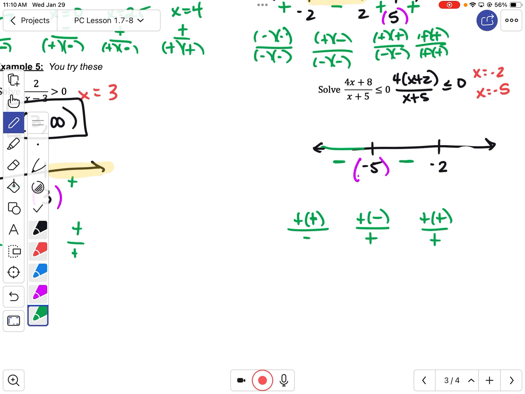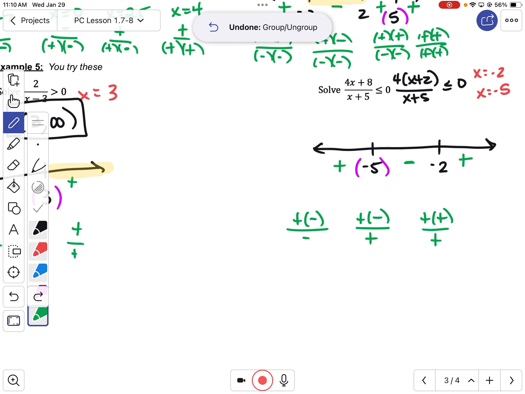Yes, ma'am. The parentheses on the top for smaller than -5 would be negative. This is positive. I put -6 in there. This is positive. Oh, yeah. Okay, I was right, I was just making sure. My brain is having a moment. Okay, so I was right to start with.